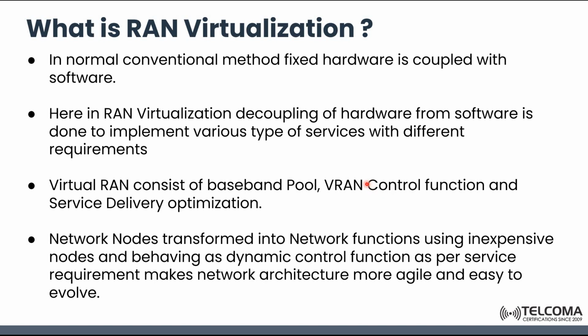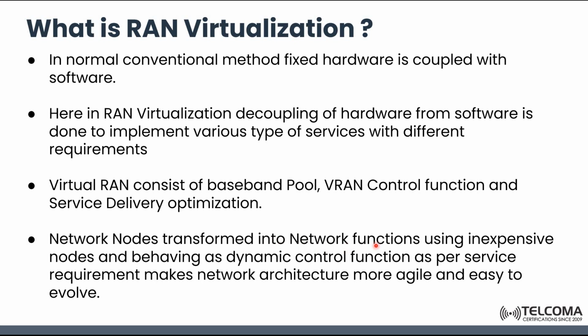Service delivery optimization is needed because our requirements are different for different applications. So service delivery optimization will ensure that the end output is implemented in an optimized way, which means an optimized vRAN should be there. That will be ensured by service delivery optimization.